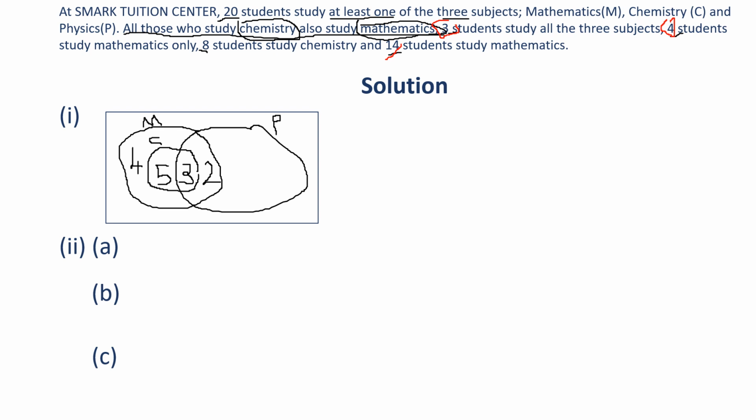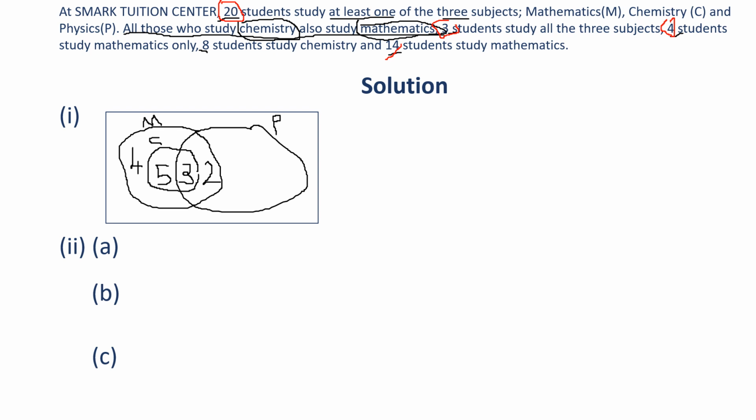Then remember, we are told that at this school there were 20 students. So after you are done entering, check if you have up to 20. If you add everything in mathematics here, you will get 14. So meaning we need to also indicate for those who took physics.